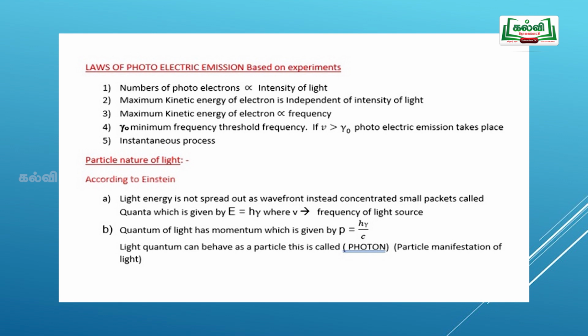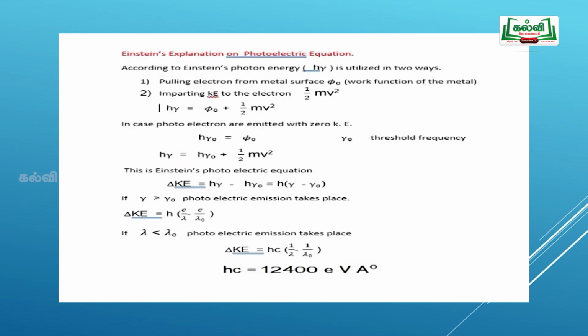So based on this, we are going to see Einstein's explanation of the photoelectric equation, which is one of the important concepts for us to solve the NEET problems. Einstein said when a photon of energy h nu is incident on a metal, the energy of the photon is absorbed by the electron in the metal.